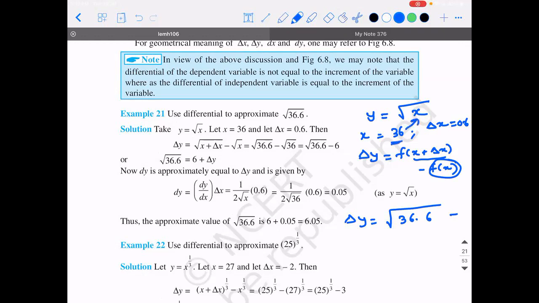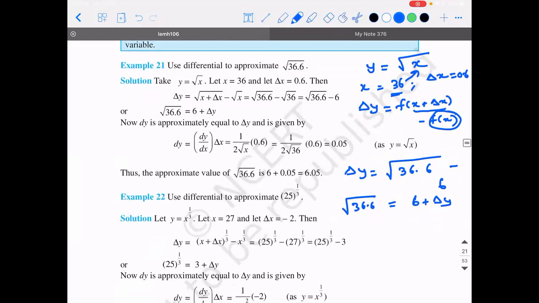Now, if I put 36 here, how much will we get? Root 36. That is 6. So root 36.6 can be written as 6 plus delta y. Now we will call this equation number 1.